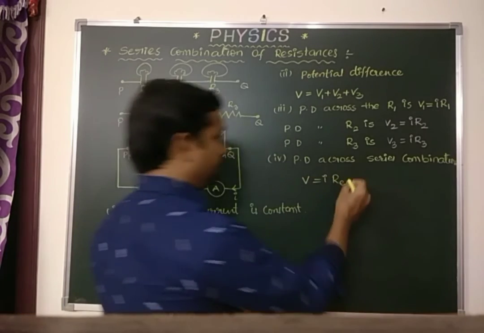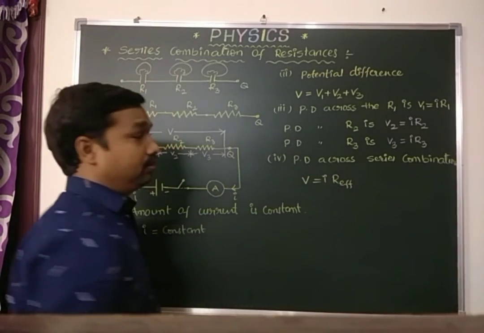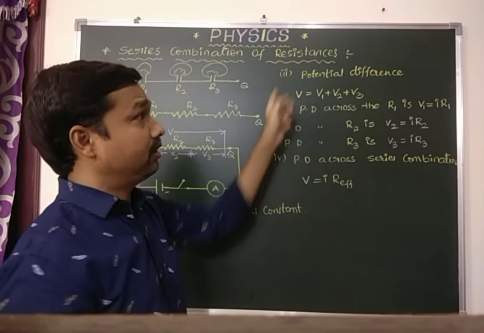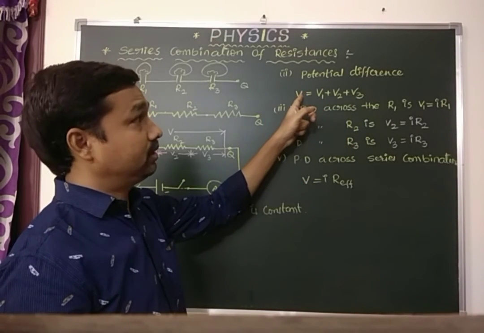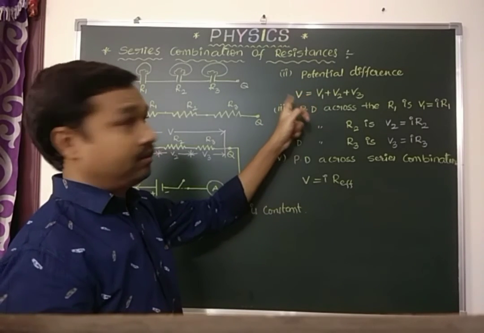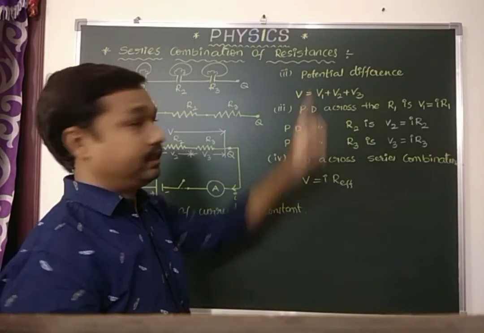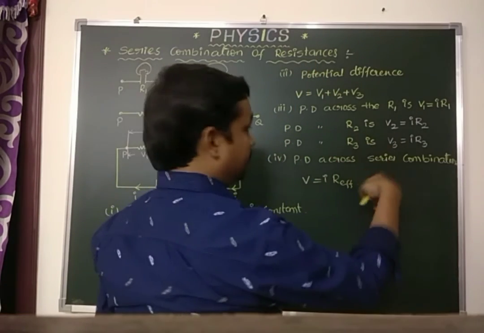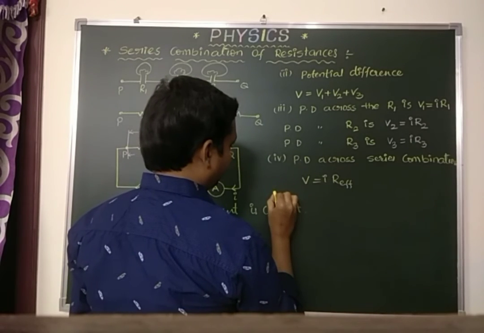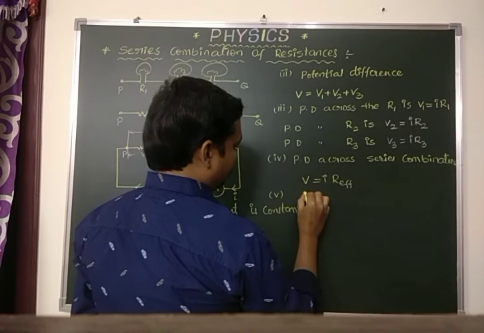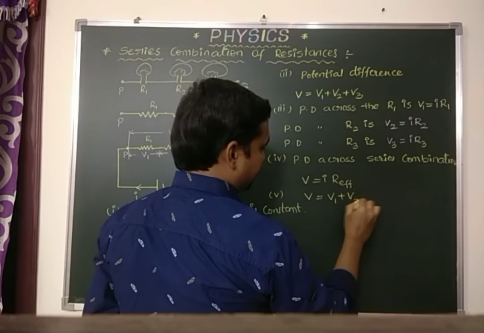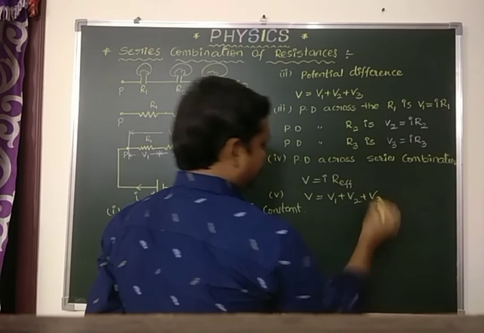So we got different formulas for V1, V2, V3, and one formula for the combination, V equals V1 plus V2 plus V3. We can substitute these formulas in this. We know V equals V1 plus V2 plus V3.